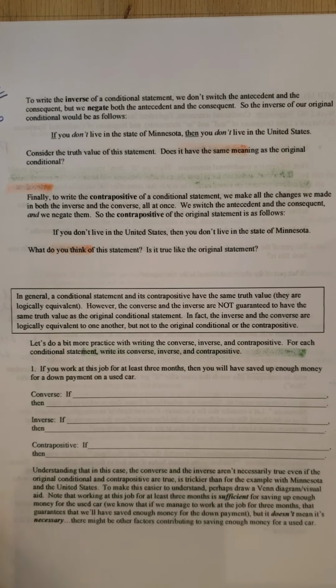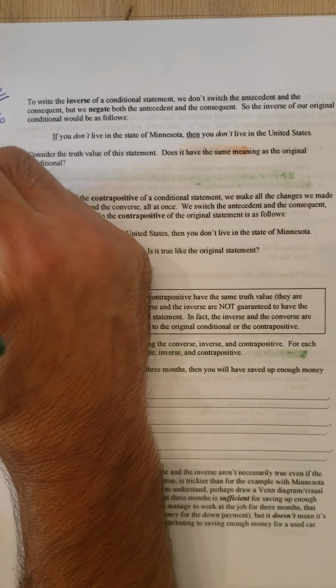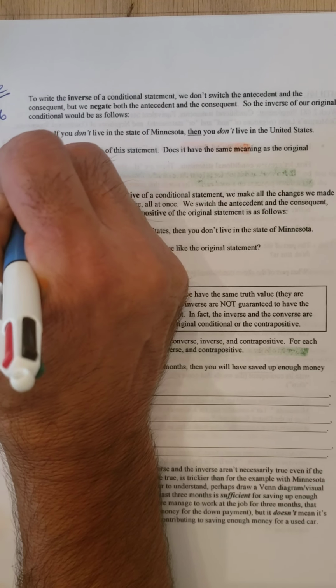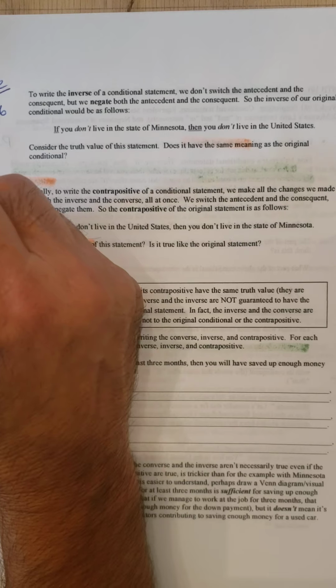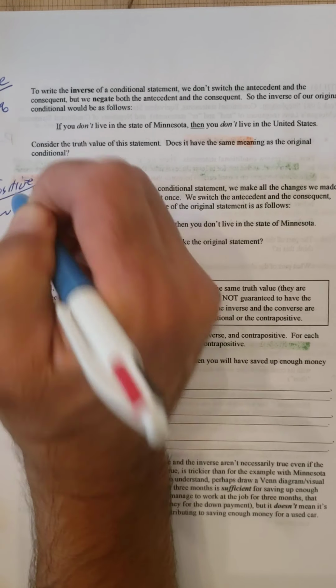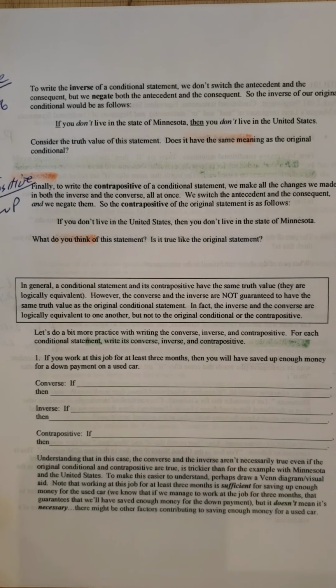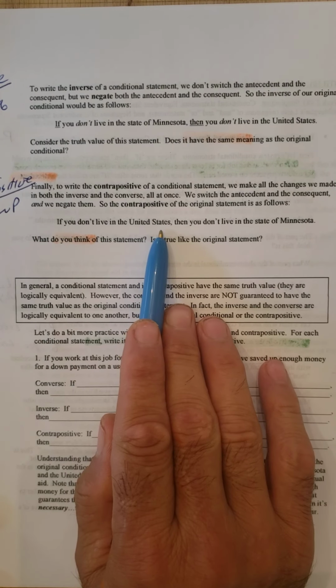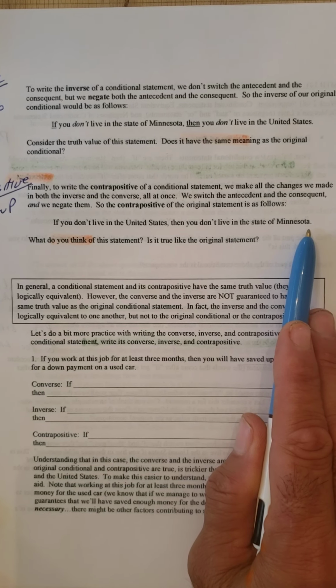Okay? So the contrapositive is the last one. The contrapositive negates both of the statements and switches the order. Okay, so this would be if you don't live in the United States, so we took the negation of Q, then you don't live in Minnesota.